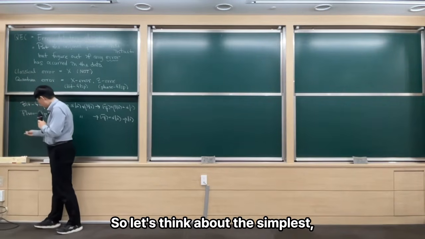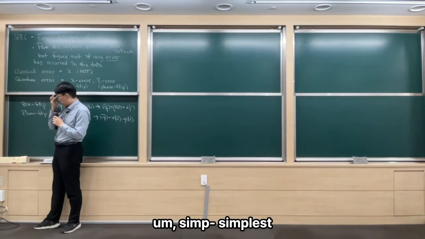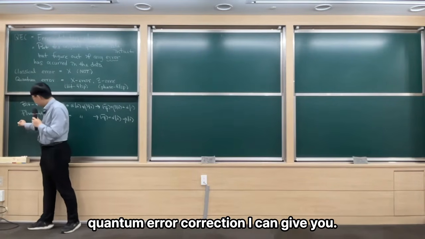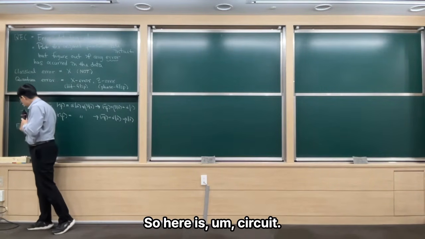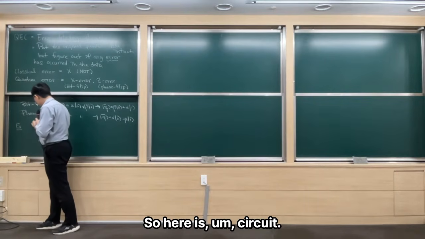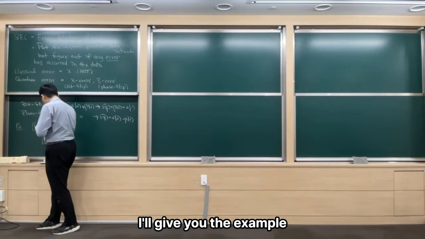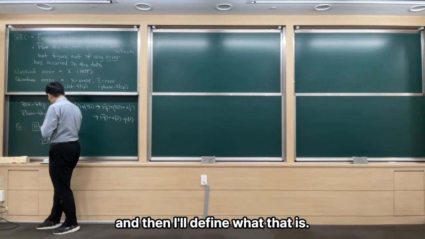So let's think about the simplest quantum error correction I can give you. Here is a circuit. I'll give you the example, and then I'll define what that is.